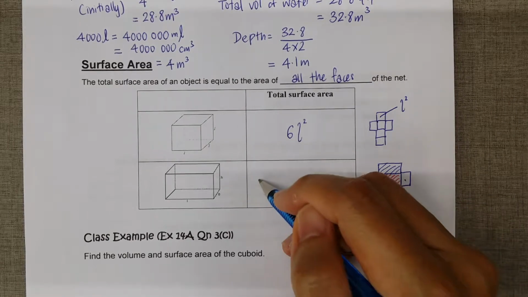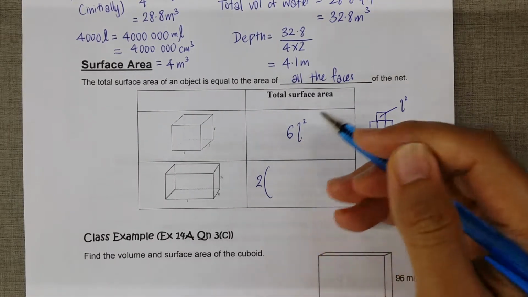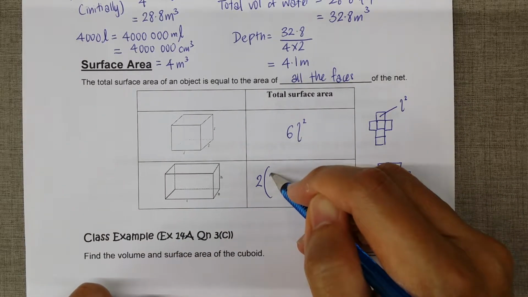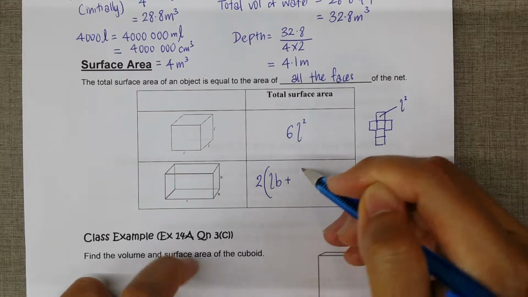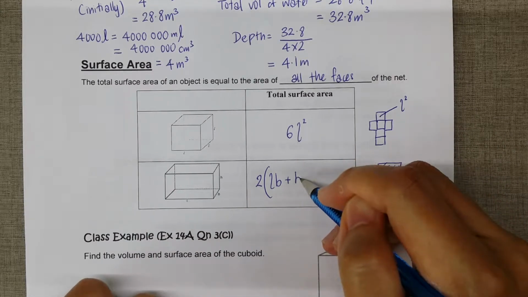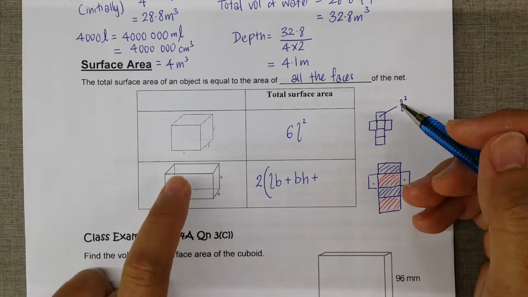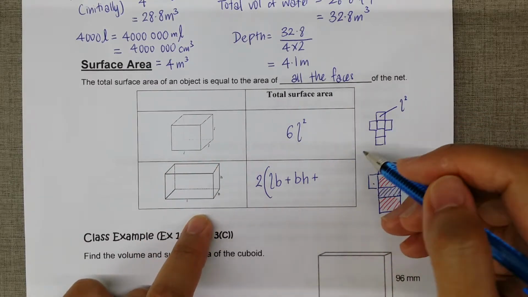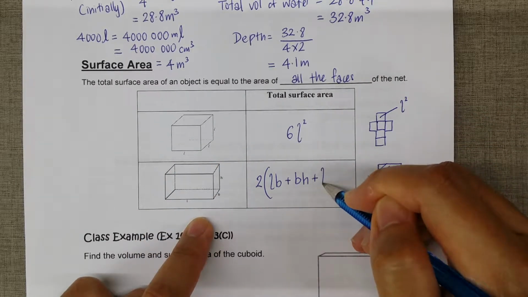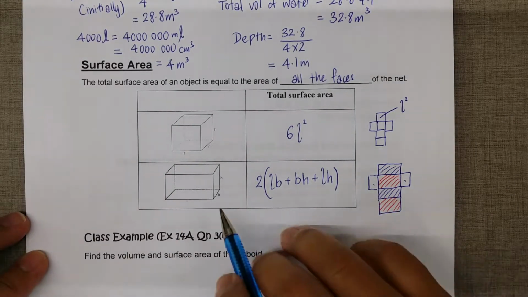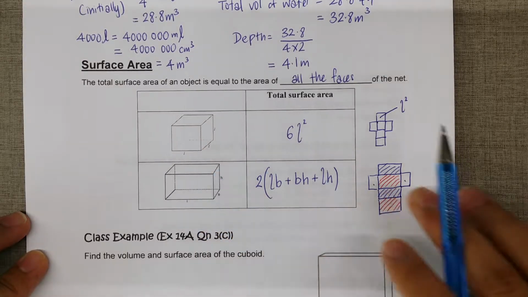So the formula will be simply 2 multiplied by the base area plus the area of the sides, plus the area of the front face and the back, which is L times H. There you go, the formula for finding the total surface area of a cuboid and a cube.